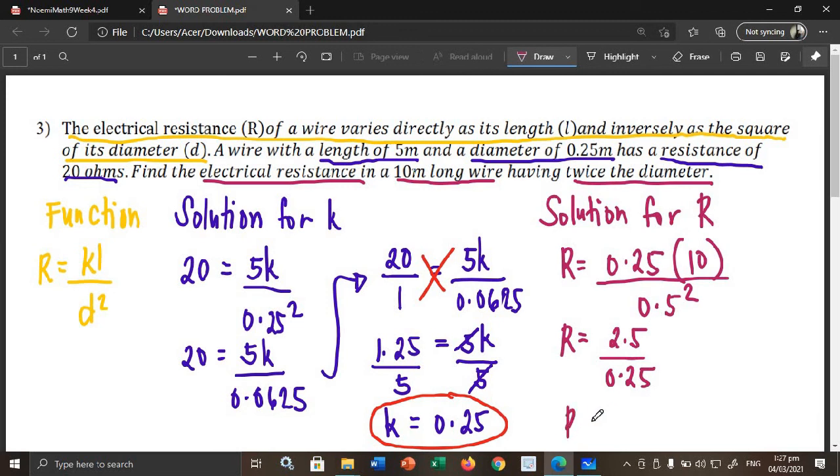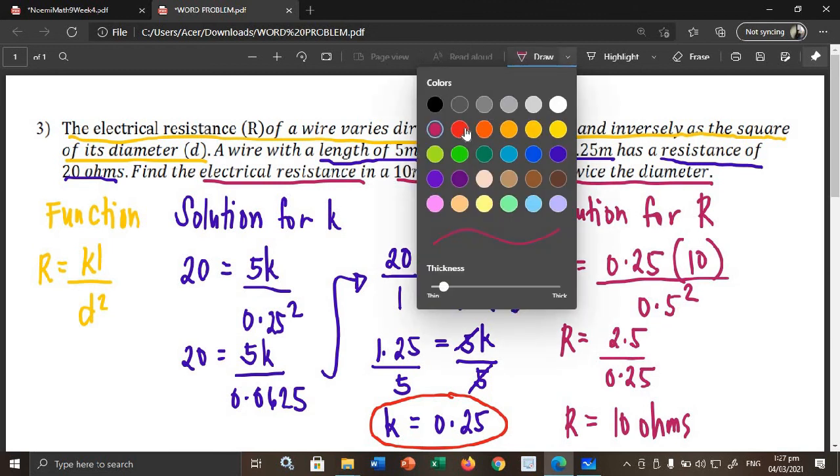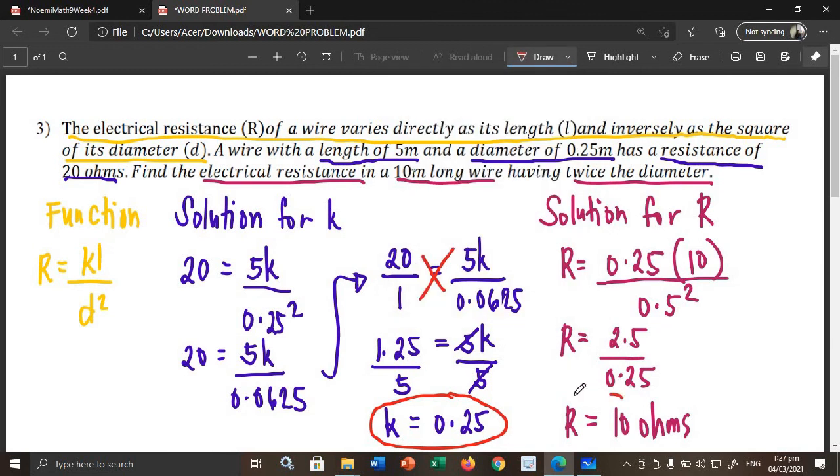To compute the resistance, we divide 2.5 by 0.25. The answer is 10. And if you notice, there is a unit used for resistance here, which is ohms. So, let us write 10 ohms. That is the unit for resistance.